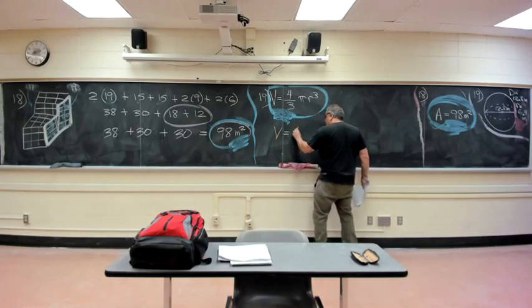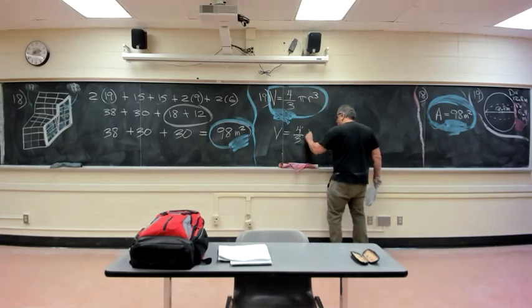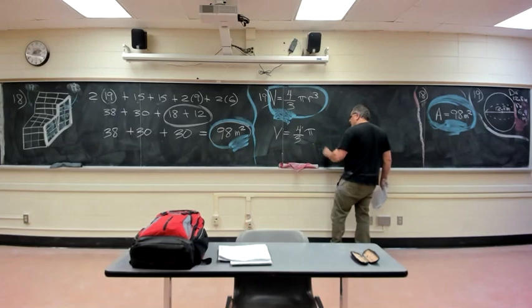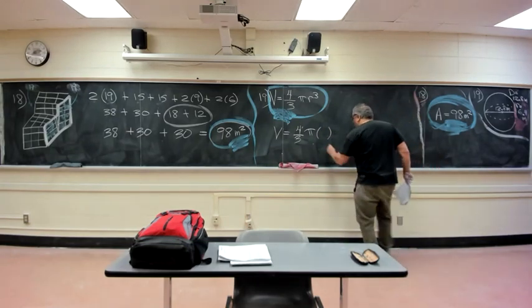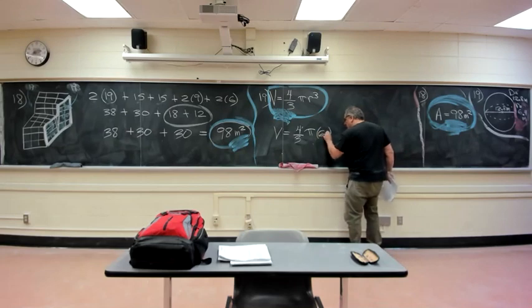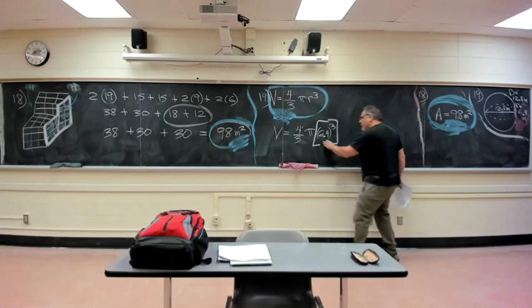Let's talk. I mean, 4/3 is 1.33 going on forever. Pi is about 3.1415926. The radius is going to be 6.4. This is the only thing getting cubed, the radius.